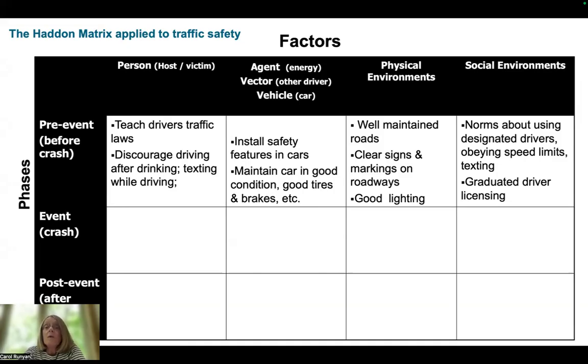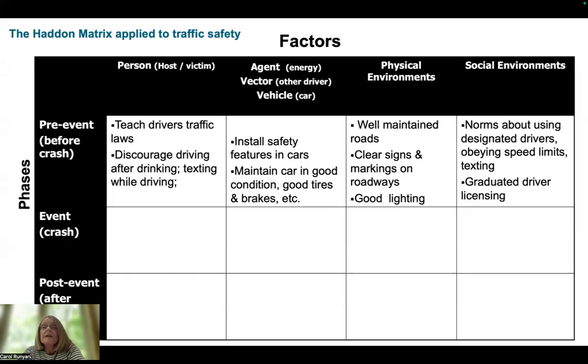Are the roads well maintained, plowed in the winter, not icy, with no big potholes or debris on the road? Are there clear signs and markings on the roadway so people aren't confused about where to turn off or how to enter a roundabout, and good lighting so they can see pedestrians and bicyclists and other cars?